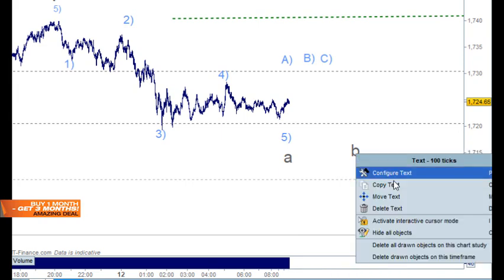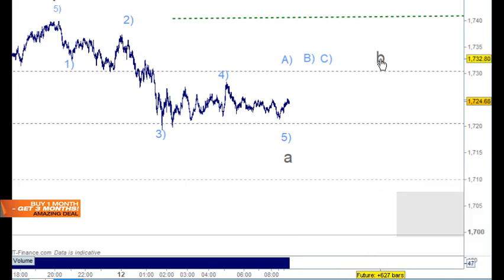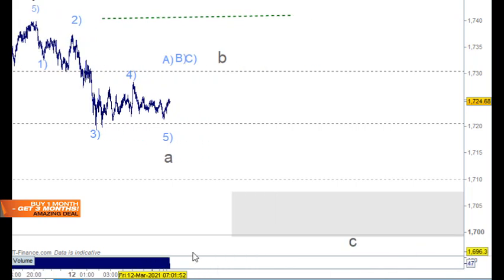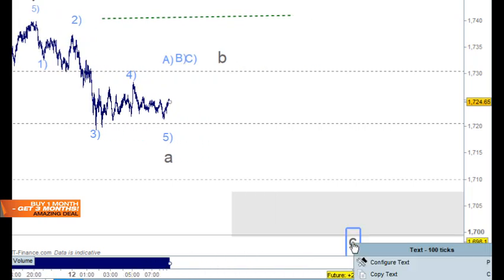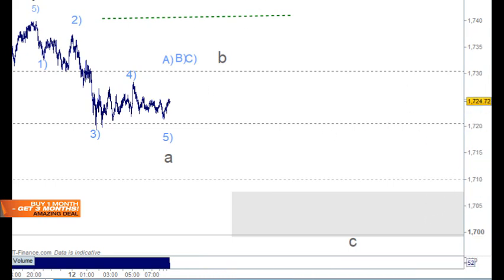So this will depend on the US dollar index as well, you know that. While that's going up to its wave 5, then this can pull back.